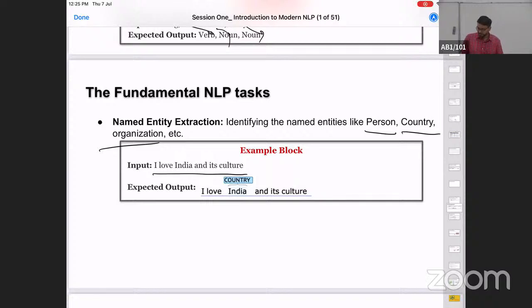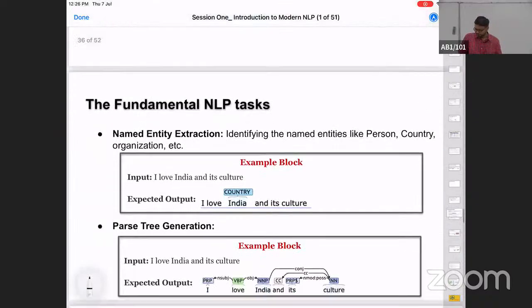For example, in this text, I love India and its culture, India is a named entity, and the name of this named entity class is country. This is also going to be useful. We'll tell you where. But all these are the basic tasks that ideally you should have done before doing something. I will talk about the basic NLP pipeline, but this is kind of important.